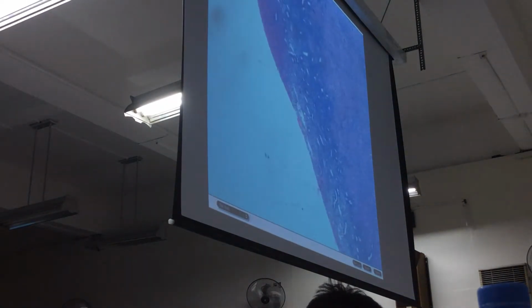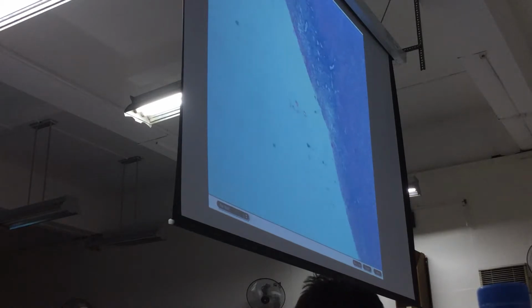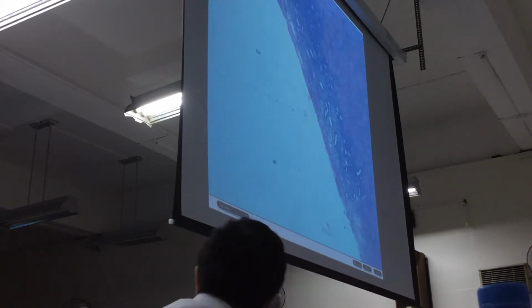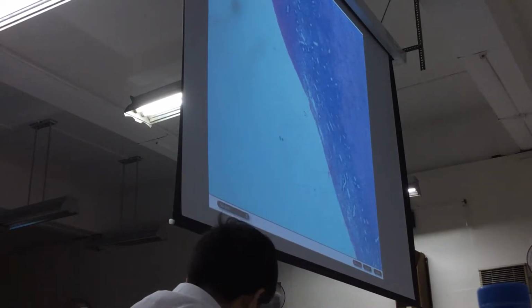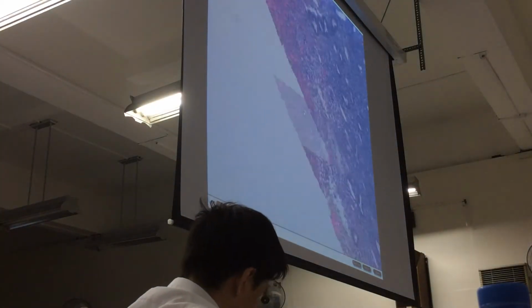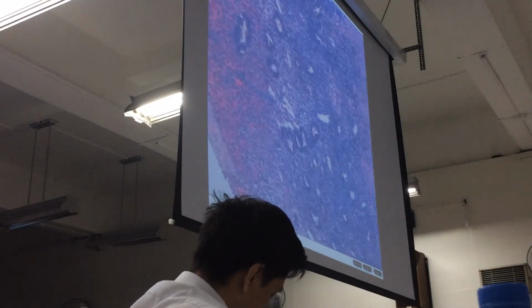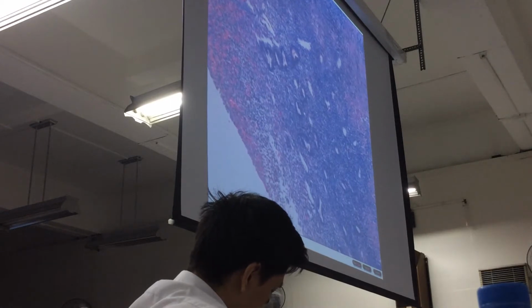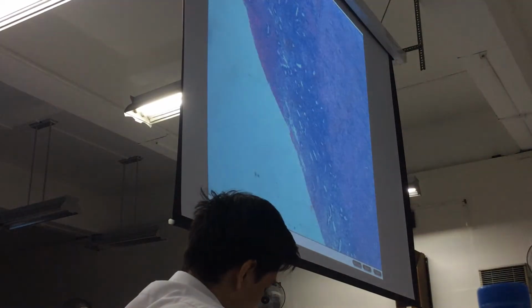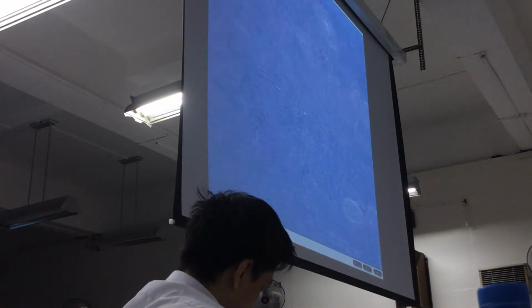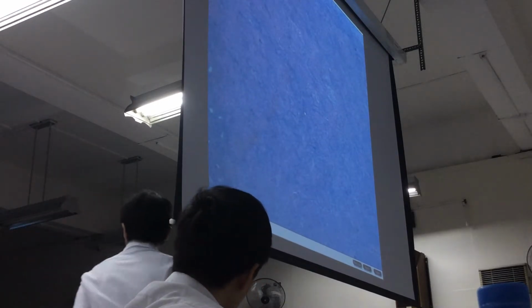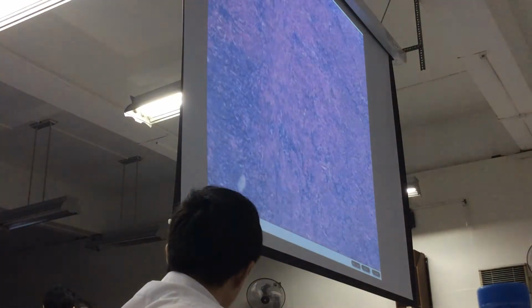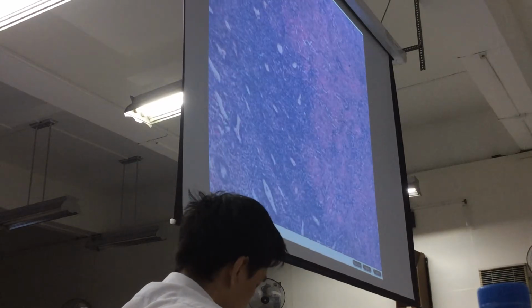Slide number 23 simply shows you a normal endomyometrium. Okay, let's go back to histology. You have the myometrium, and the junction of the endometrium and the myometrium, seen there.